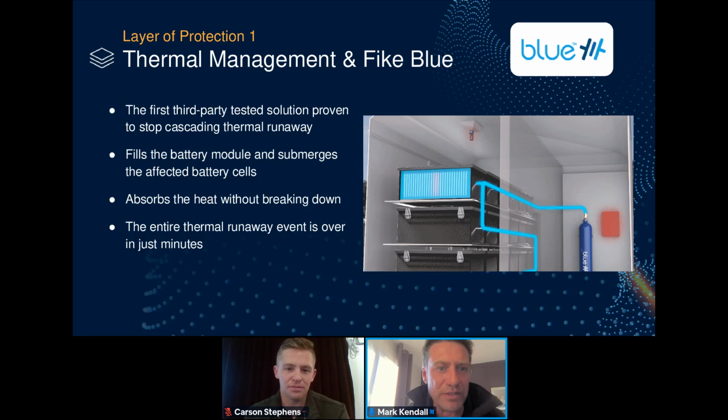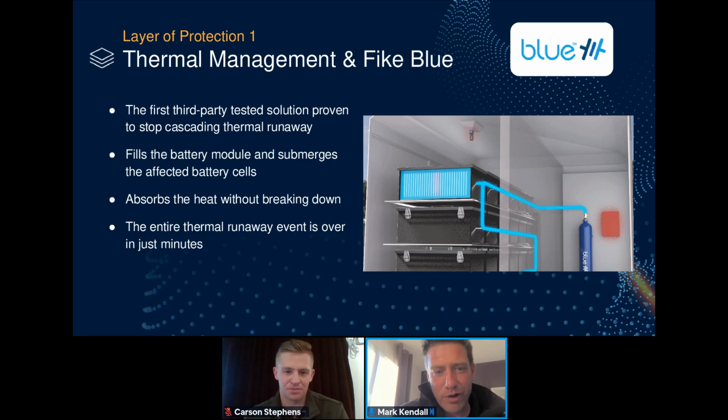And this is really where we've developed Fike Blue and where we would look to apply Fike Blue. As we mentioned in the previous webinar, Fike Blue is the first third-party tested solution proven to stop cascading thermal runaway. The way it works is it's held in a cylinder, and when we detect there's a problem and that there's a battery failing, we inject blue into the battery module itself, and it works by absorbing and removing all the heat from that battery module as quickly as possible, so that we stop that cascading effect.